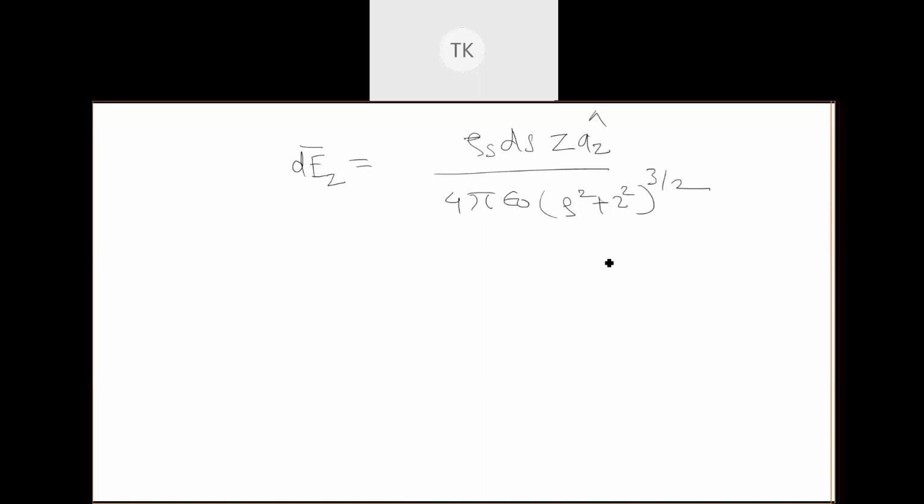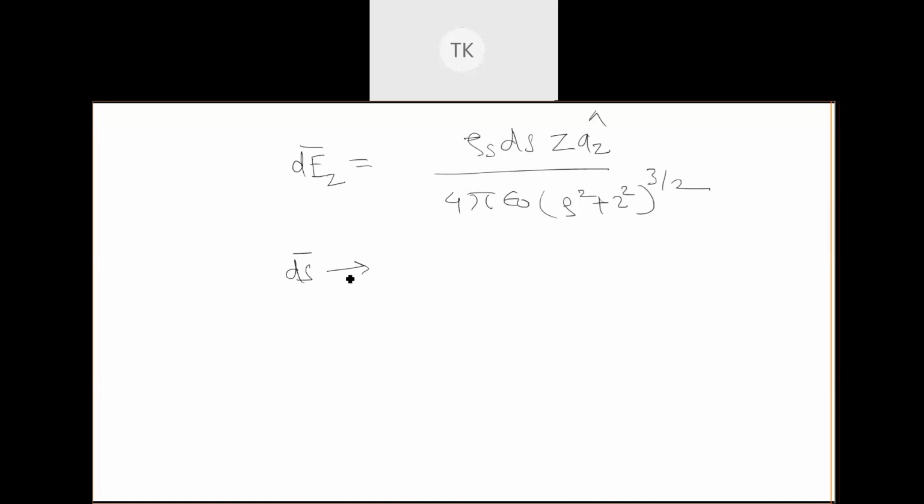So we will calculate further. Before that, we need to define dS bar, or we need to take the value of dS bar.